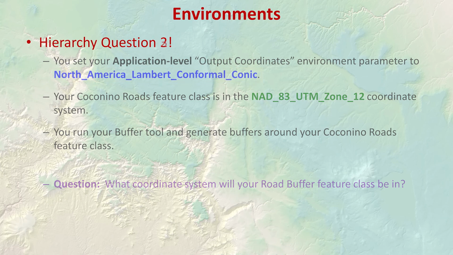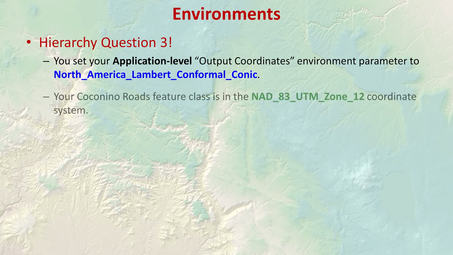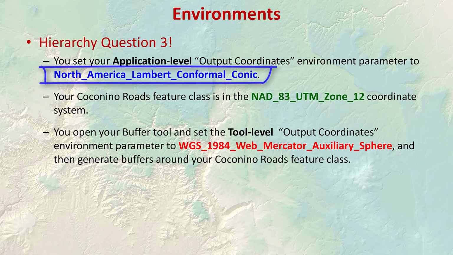All right, let's start complicating things. Again, we've set our application level coordinate system to be Lambert Conformal Conic, as we did before. Our roads are still in UTM Zone 12. But when we open up the buffer tool to run it, we set the tool level output coordinates to Web Mercator Auxiliary Sphere. So this means that we've set up conflicting environments. Our application is trying to convert it to Lambert Conformal Conic.